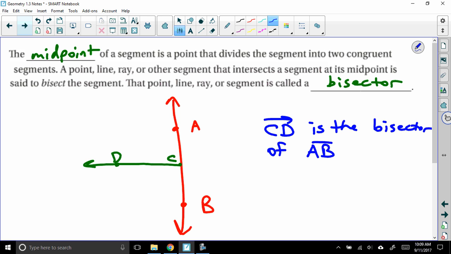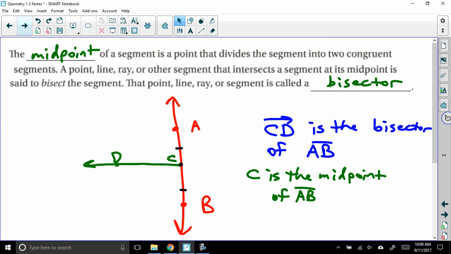We could say that. Now, to be clear, we would need to show that AC and CB are congruent. We could also say C is the midpoint of AB. Okay. Maybe that line continued.